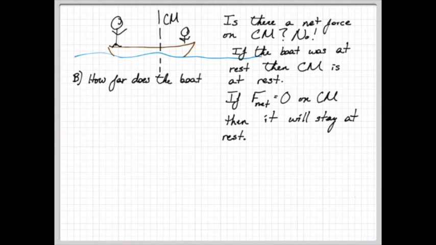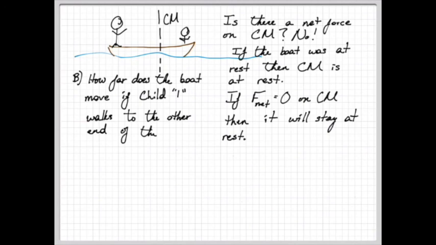So how far does the boat move if child 1 walks to the other end of the boat? The way to do this is, once the child is on the other end of the boat, what is the new center of mass?